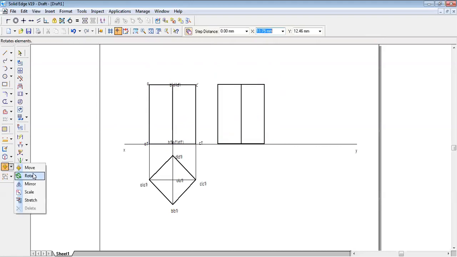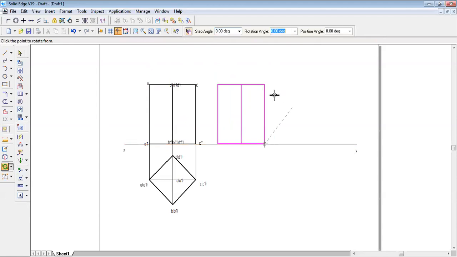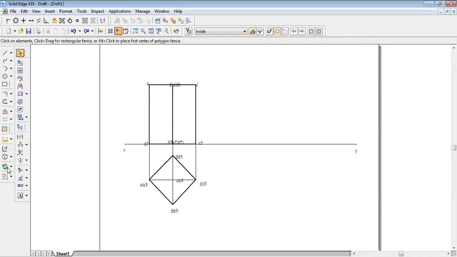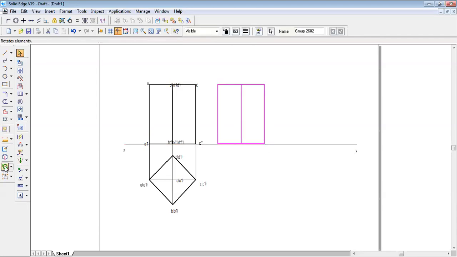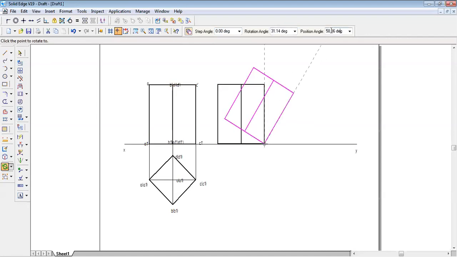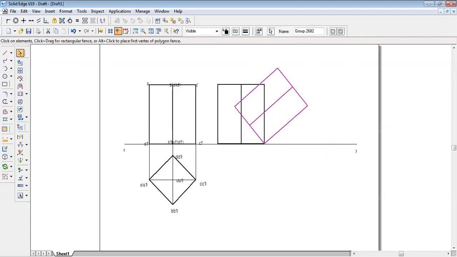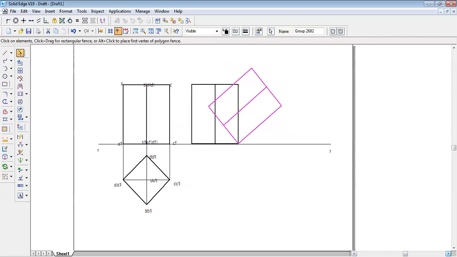Then afterwards go for rotate this one with respect to this point here, and rotation angle will be T. I will be rotating this one like this.